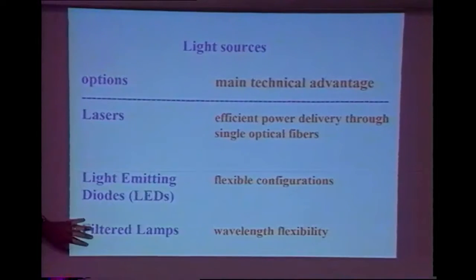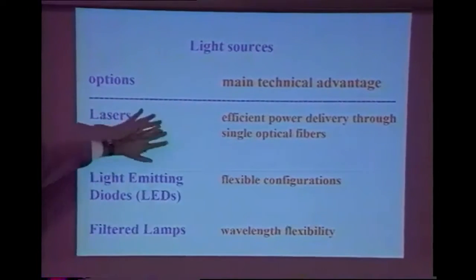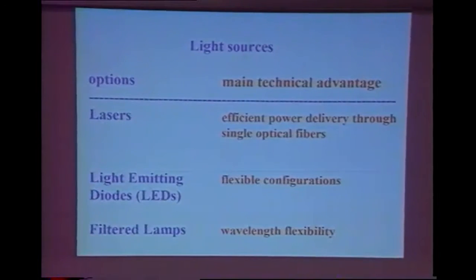LEDs, or filtered lamps. The main advantage of lasers is that you can couple them very efficiently into single optical fibers. If you want to do interstitial treatment, for example, it's almost impossible to get a reasonable amount of light from a lamp.